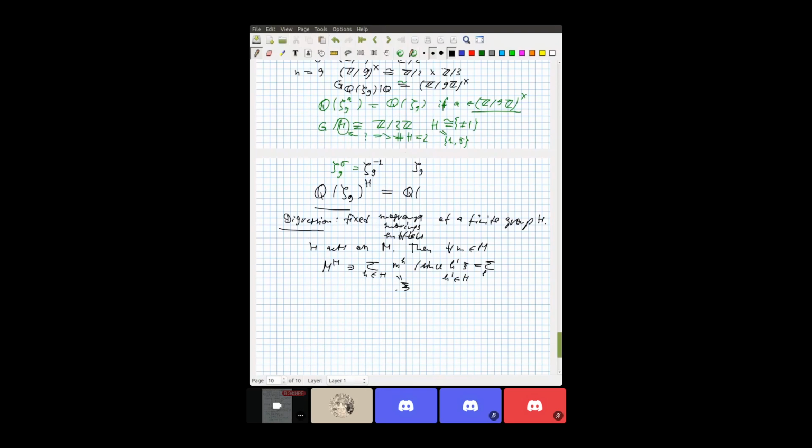So it will be the sum over h' of m h' h, and this is the same as the sum over all m h. We just change the order, and this is Xi.